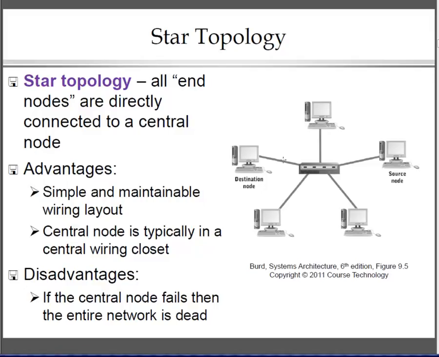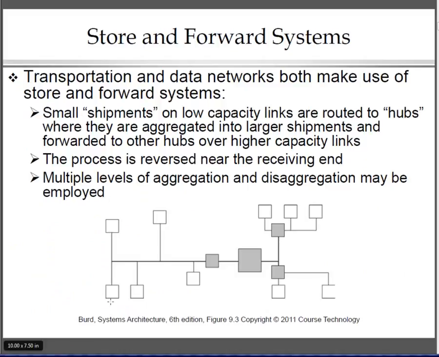Okay, in some ways star topology is probably the simplest to grasp. And the idea here is quite simply that all quote-unquote end nodes are directly connected to a central node. Okay, so backing up a bit, think of the white boxes here as end nodes. Think of the gray boxes here as central nodes of various sorts.